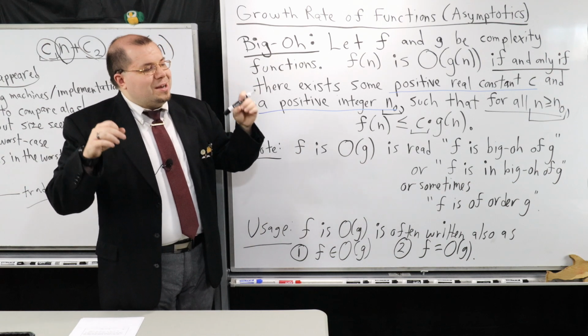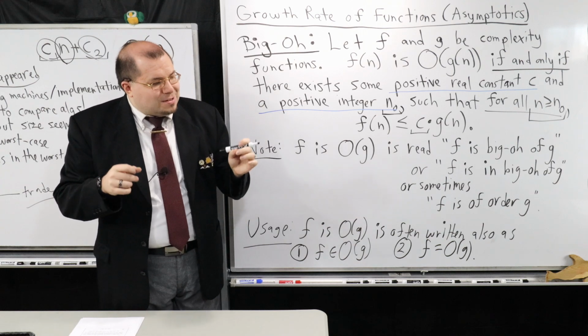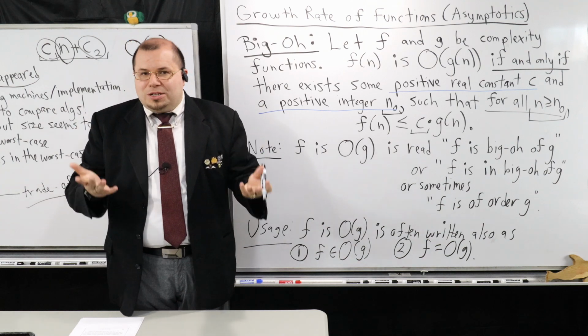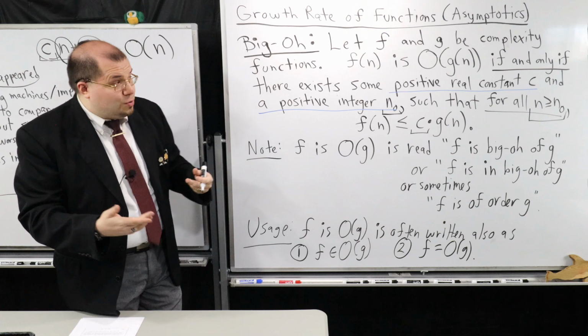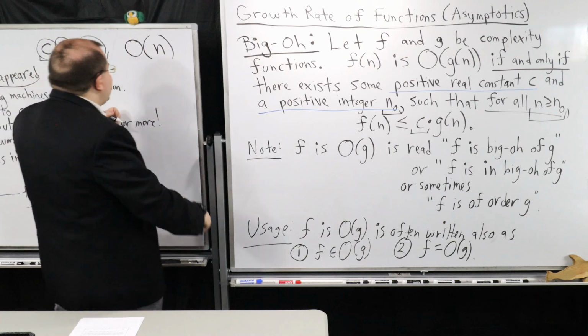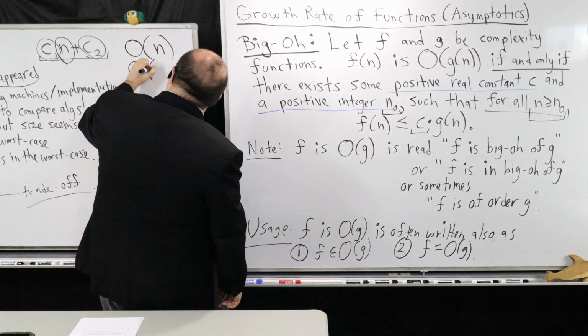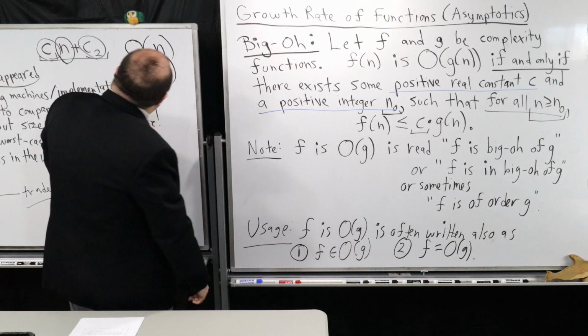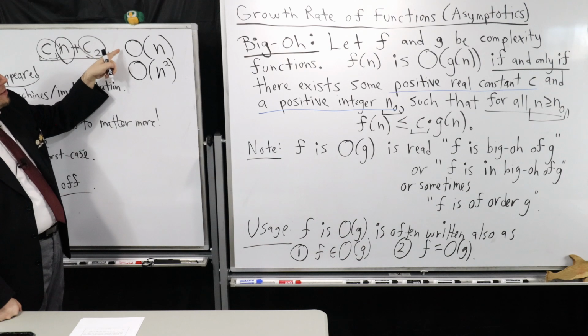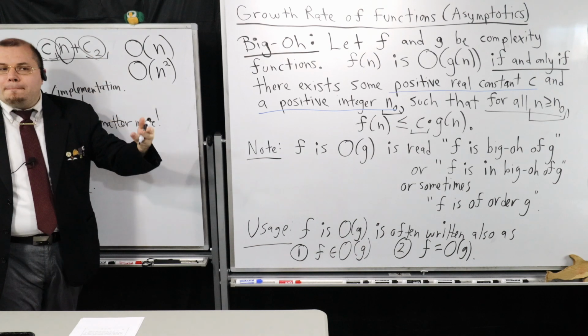But it also encapsulates the idea of trade-offs between two algorithms. So for example, if I give you one algorithm that runs in big O of n, and another algorithm where I look at its complexity function and prove that it's big O of n squared, I want to be able to convince you that the first algorithm runs better.